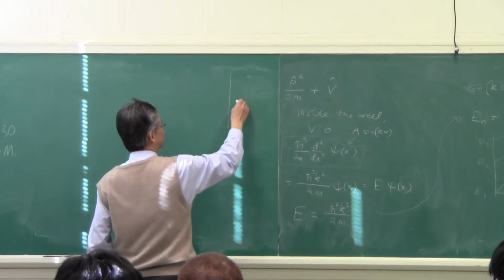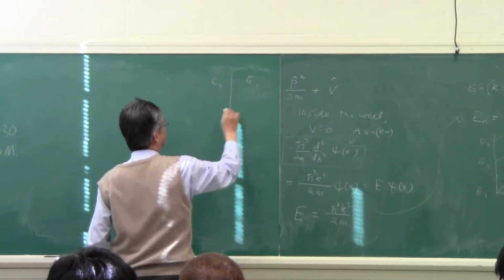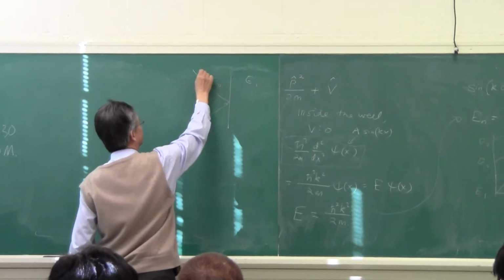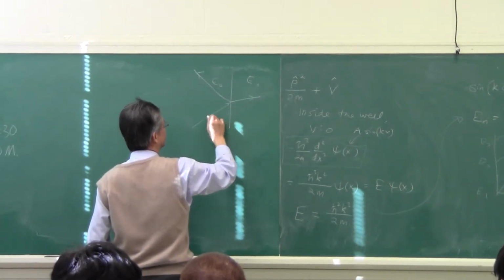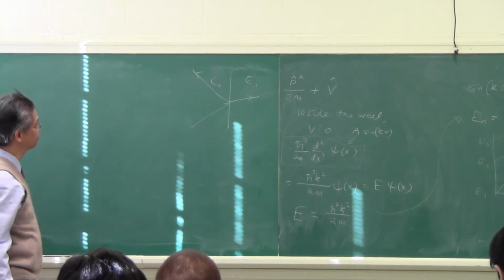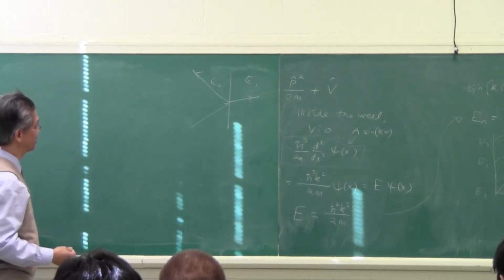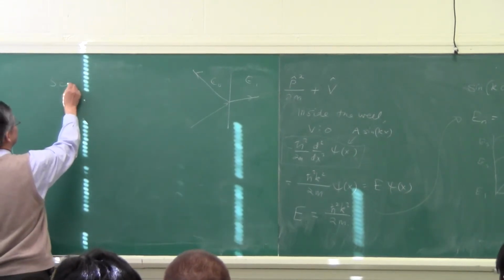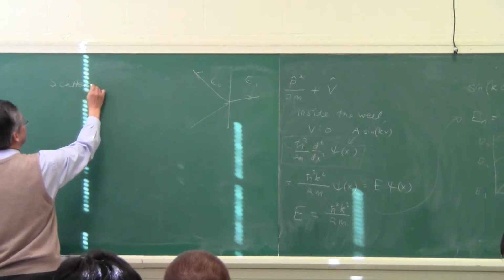In ECE 350, you have epsilon 0, epsilon 1. If you send in a light, the light bounces off, and then you have scattering by the dielectric medium. In quantum mechanics, you have scattering by a potential barrier.